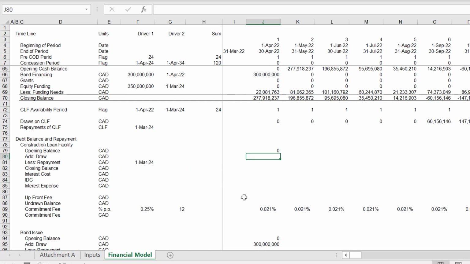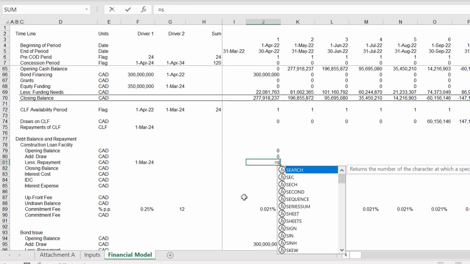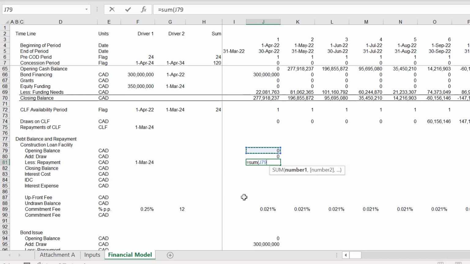Okay, and then we see, well, what's the draw down here? We have the draw from our little minimum and maximum, and then our repayment is going to be the sum of how much we had to draw in the last period plus the amount of the opening balance, and we multiply that by this period, and we could put a flag maybe equal to this period.